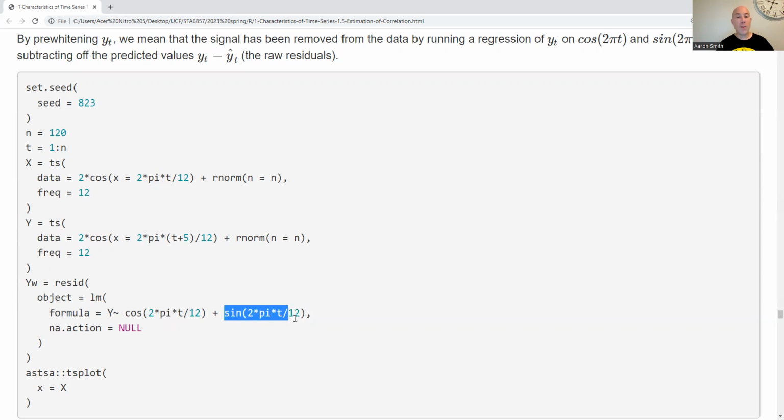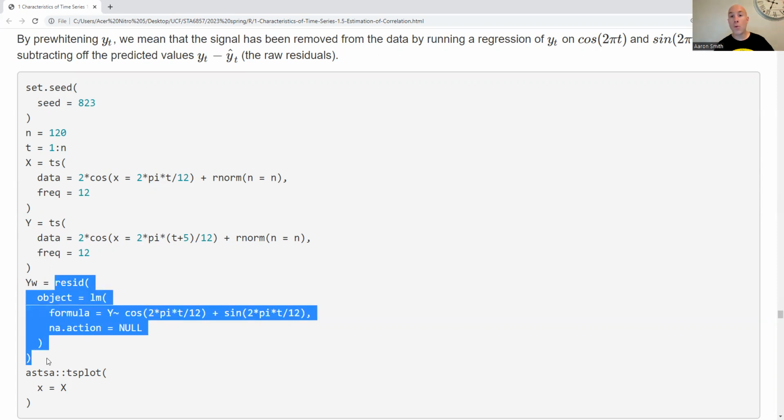Remember that this sine is equivalent to a shifted cosine, so I'm addressing that shift already. Then I'm grabbing the raw residual. This is not the studentized residual, and not the standardized residual. This is the raw difference between observed and modeled values.